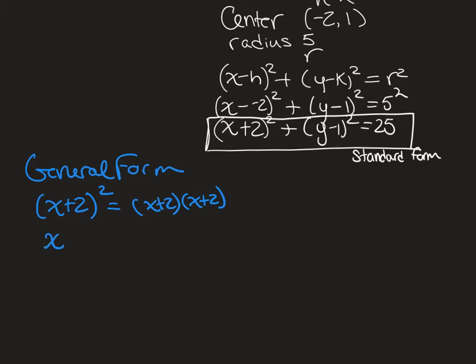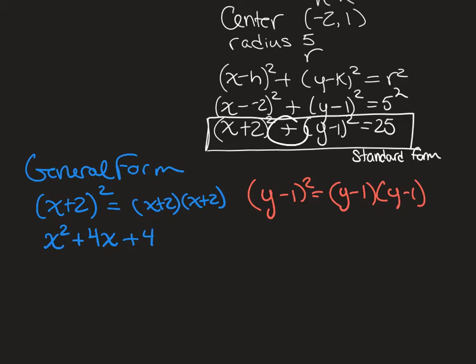You should get x squared plus 4x plus 4. And then we're going to do the (y minus 1) squared. So we're going to do (y minus 1) times (y minus 1). And so when you do that, I'm going to take this plus sign in the middle right here and put a plus sign. And then when you multiply your y stuff, you should get y squared minus 2y plus 1.